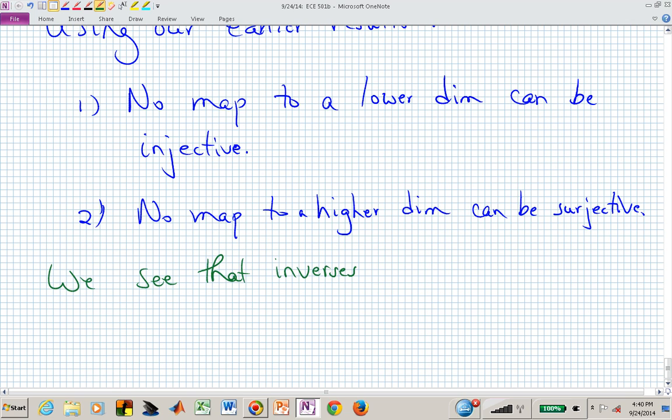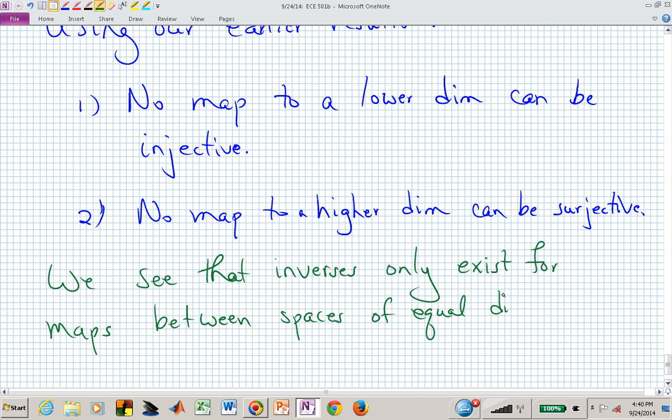We see that inverses only exist for maps between vector spaces of equal dimension, because of those restrictions on our maps being injective and surjective.